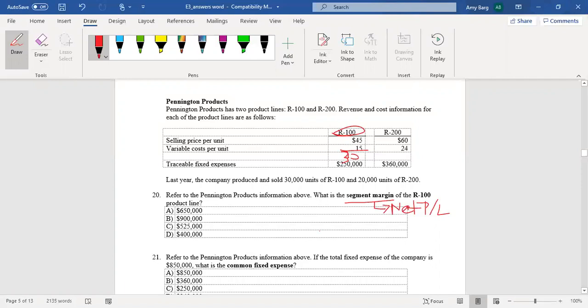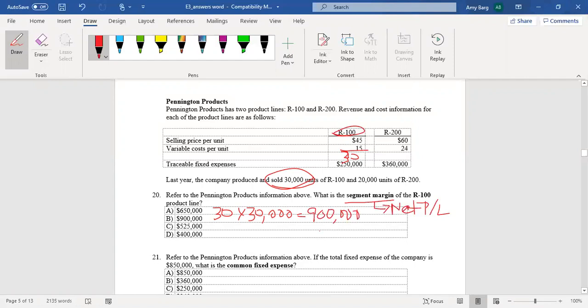So we know that we sold 30,000 units. So 30 times 30,000 units, because the contribution margin tells us what contributes to our net income. So this is 900,000, but we are looking for a net profit or loss.